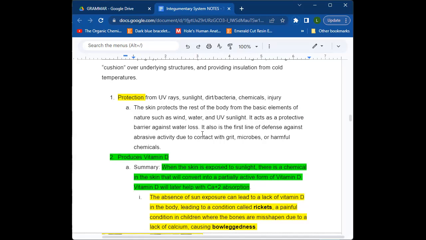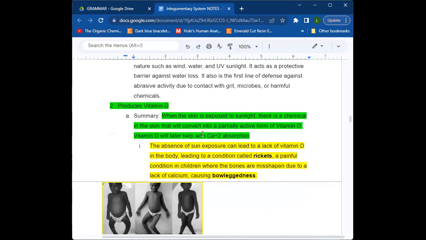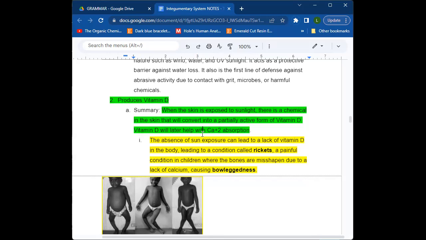Okay, and then the second function of the skin is supposed to be for vitamin D. So when the skin is exposed to sunlight, there is a chemical in the skin that will convert into a partially active form of vitamin D. And so that vitamin D is going to be necessary for calcium absorption.